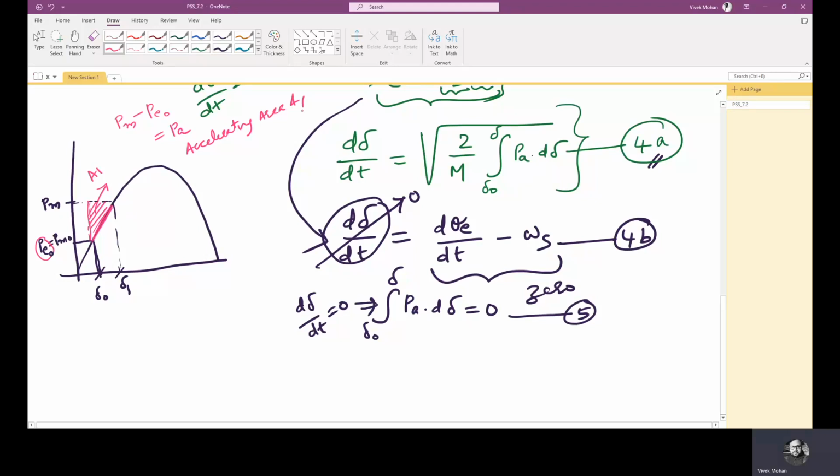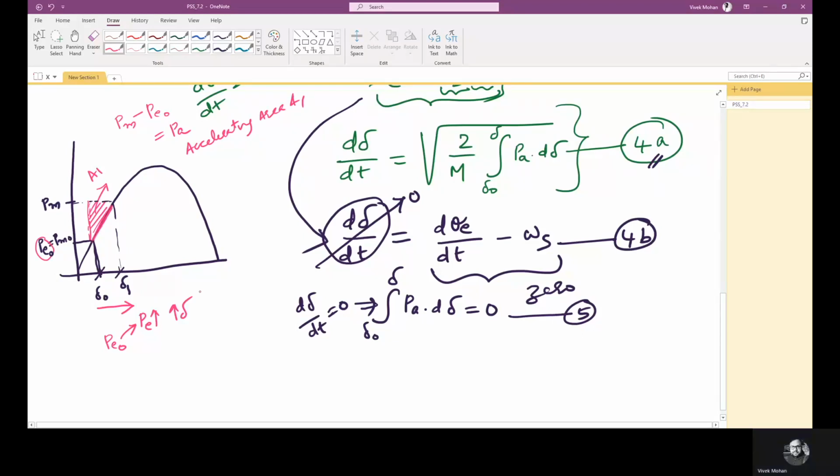As accelerating power is positive in this region, the excess energy stored in the rotor, or the energy gained by the rotor during initial acceleration, is represented by the area A1. But now we see that δ0 has increased to δ1. If it increases to δ1, Pe also increases. Pe started with Pe0, the equilibrium point, and now it is increasing with increase in δ.